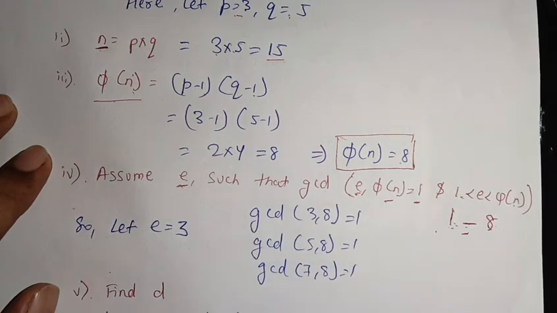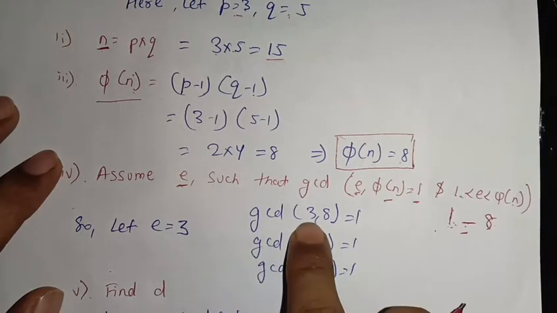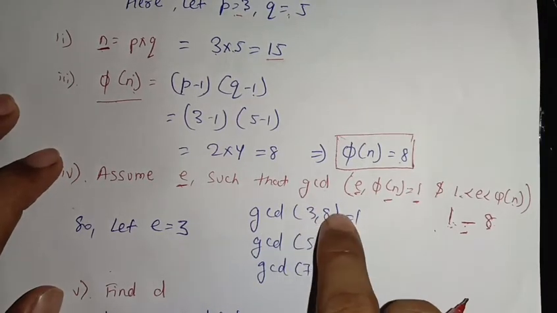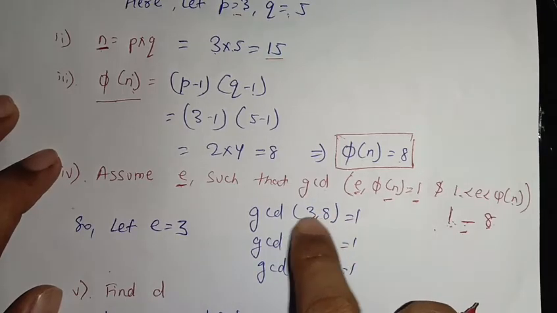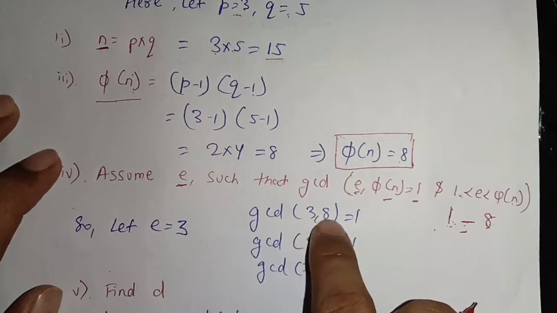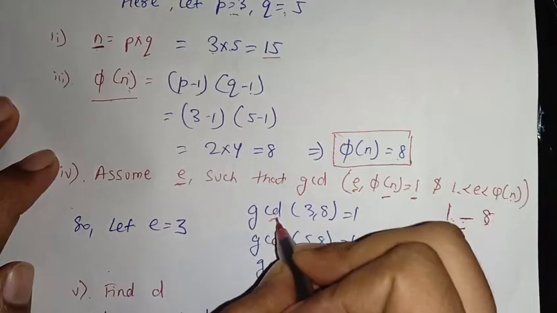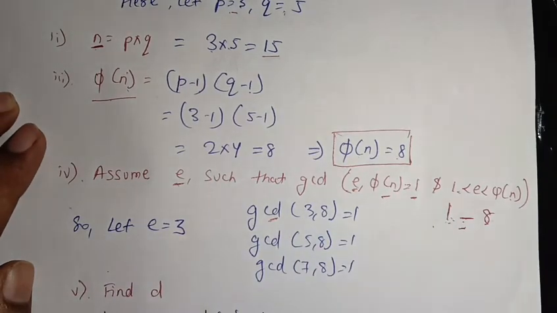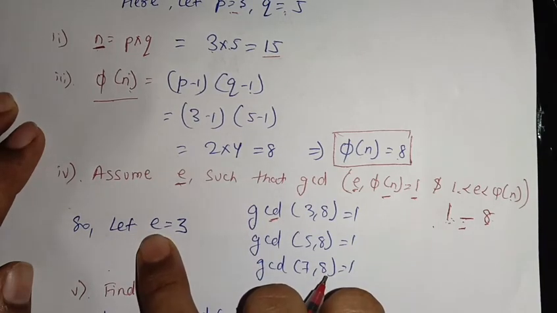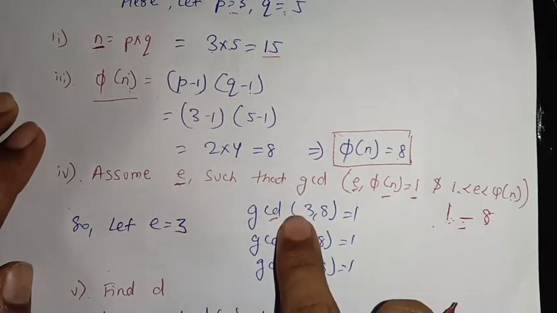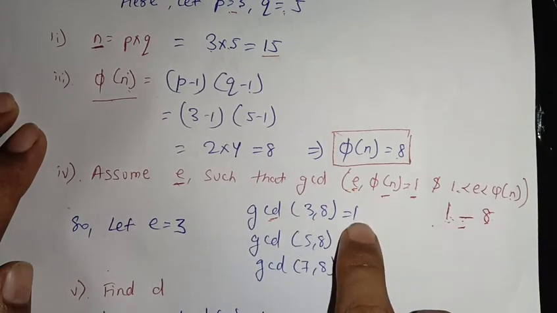So just let e is equal to 3. If we assume e is equal to 2, then the GCD of 2 comma 8 will be 2 only. If we assume 4, then the GCD of 4 comma 8 will be 4 only. GCD, if you don't know, means greatest common divisor. So that's why we are assuming our e as 3, because when we take the GCD of 3 and 8, the value will be 1.